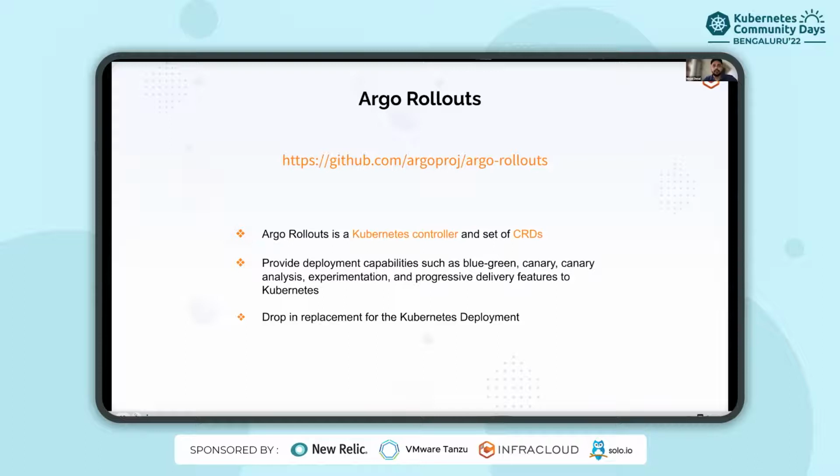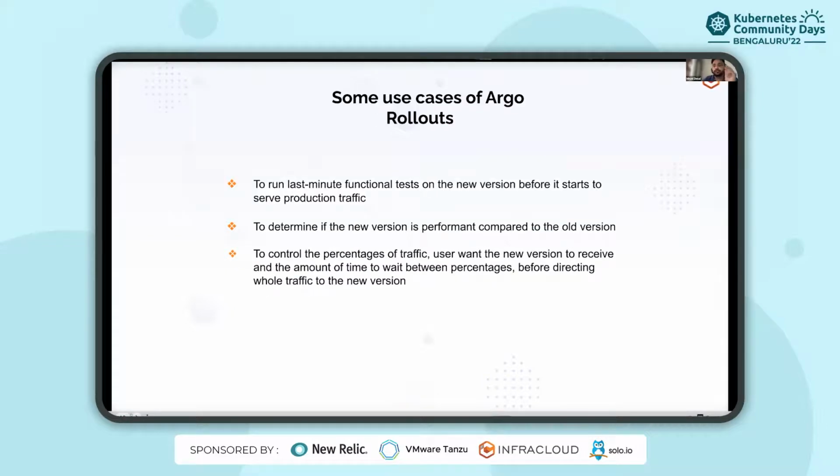And it is a completely drop-in replacement of your Kubernetes deployment. For deploying any of your microservices, if you are currently creating a Kubernetes deployment, you can create a Rollout resource for the same. It is an exact replacement of your Kubernetes deployment. So these are some of the use cases of Argo Rollouts.